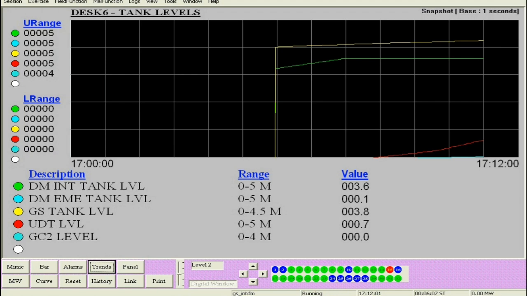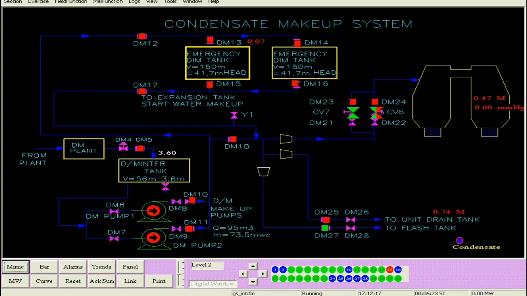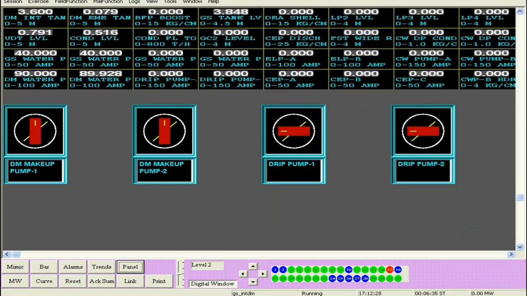The DM intermediate tank level has already reached 3.6, the DM emergency tank level is 0.1, the GS tank level is 3.8 and the UDT level is 0.7. If there is a power failure, a total AC failure maybe, then both the DM makeup pumps will stop, and the DM intermediate tanks will supply the DM required for that time.